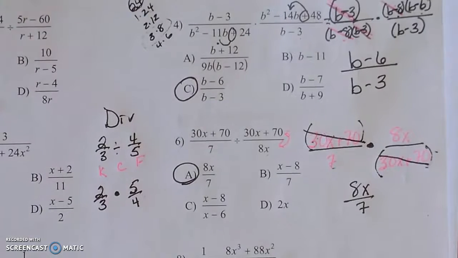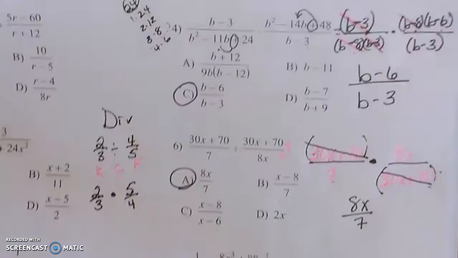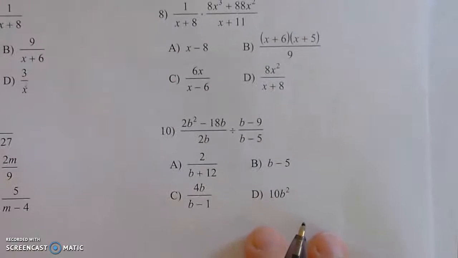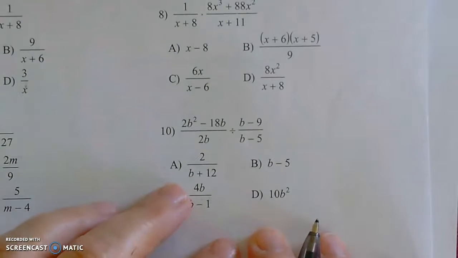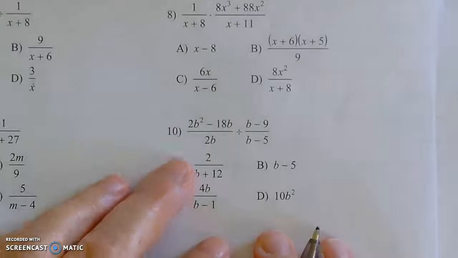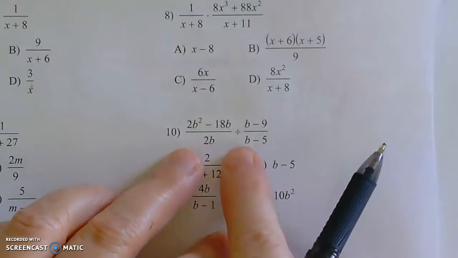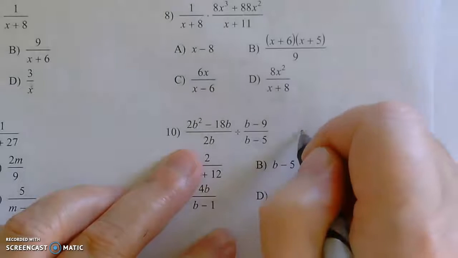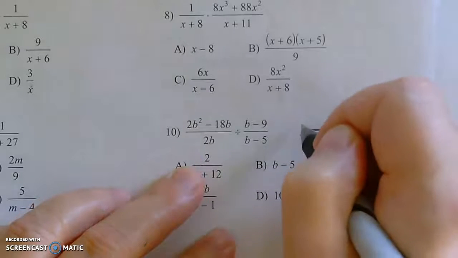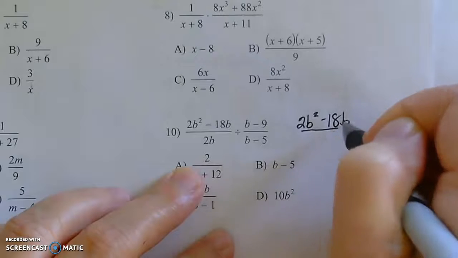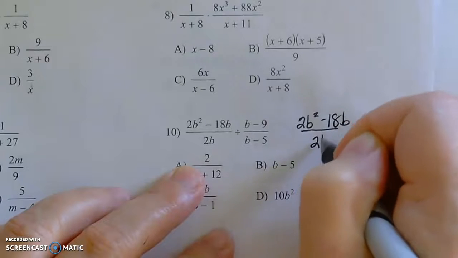I want to do another divide problem with you right now before we go back to a multiply. So we're going to skip down to number 10. Number 10. On problem number 10, it's divide. So that means I have to rewrite this as my step 1. So I have 2b squared minus 18b over 2b.